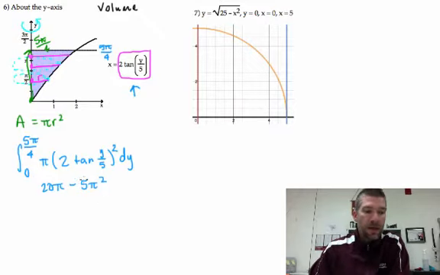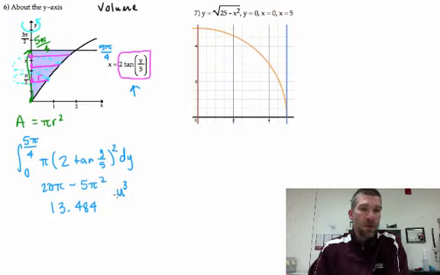Or if you punch this into your calculator and solve it out, you should get 13.484. And both of these would be in units cubed. We weren't given specific units, but when you're talking about volume, that's what you're working with.